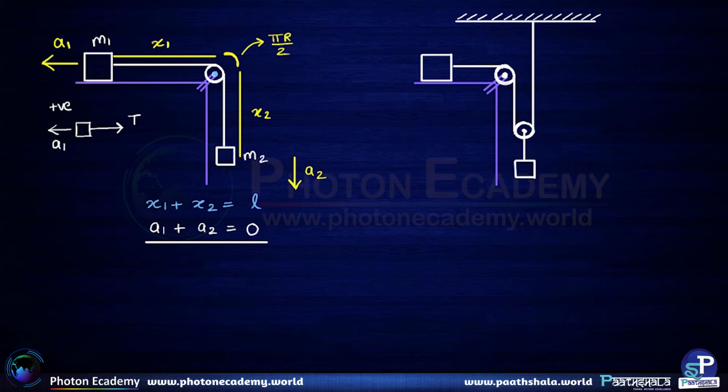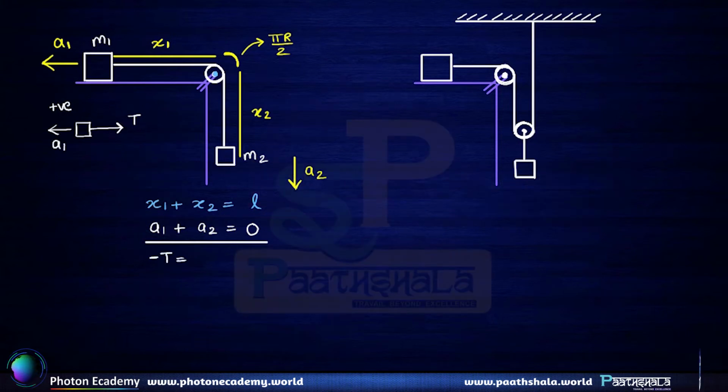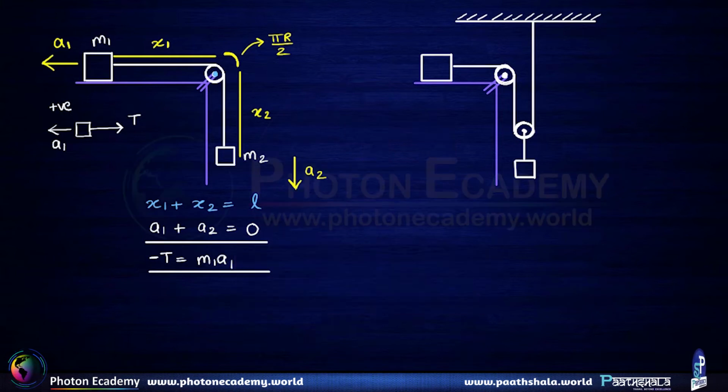So we get an equation which says minus T is equal to m1a1. This is counterintuitive, but it is correct in the context of using constraint motion relations, because whenever we differentiate, we have to assume all the accelerations to be going away from the rigid support or all coming towards it. This we have seen earlier.